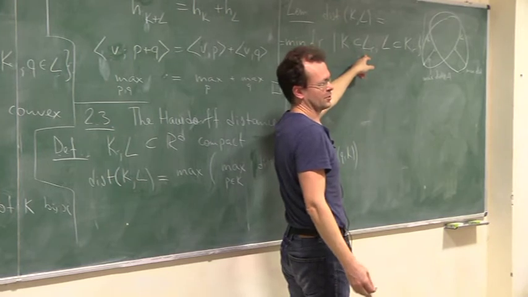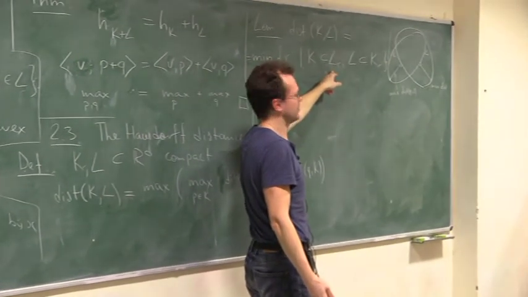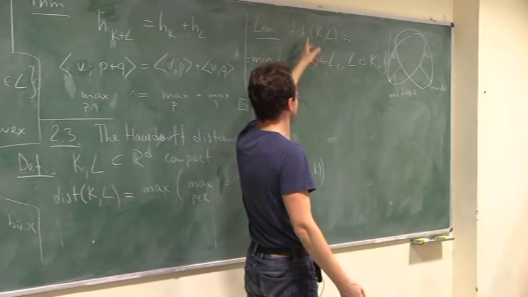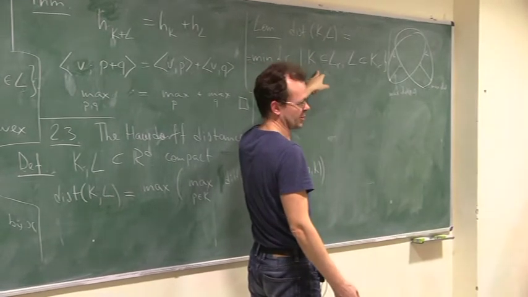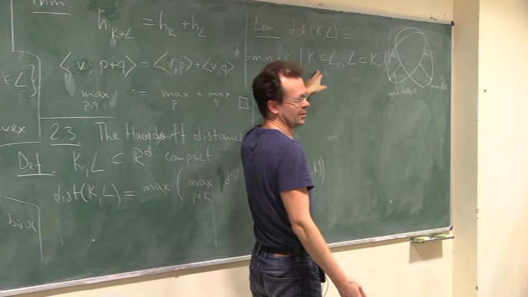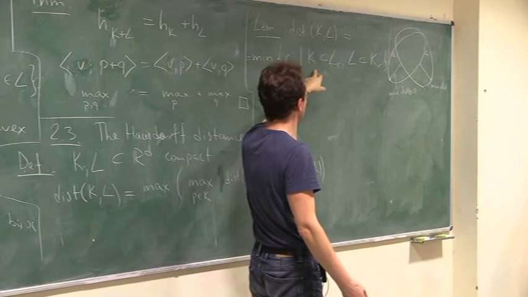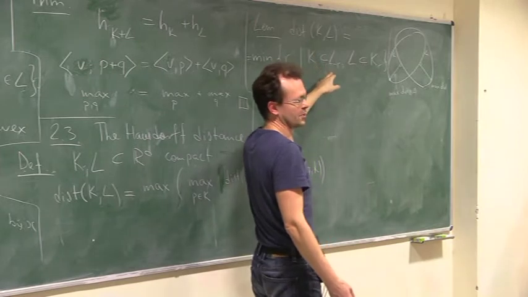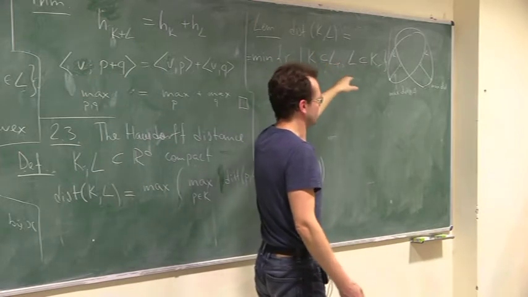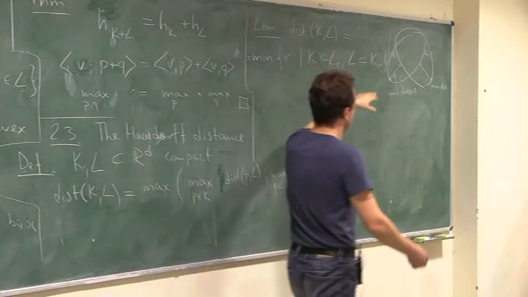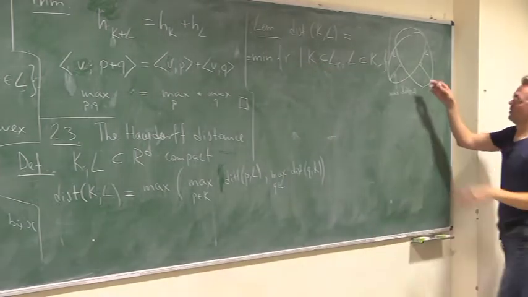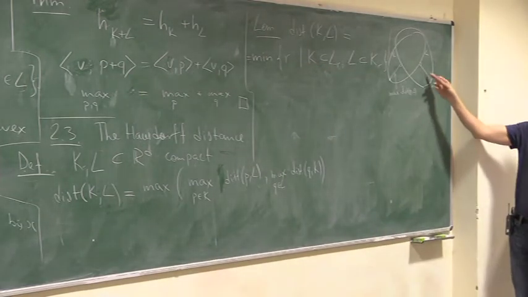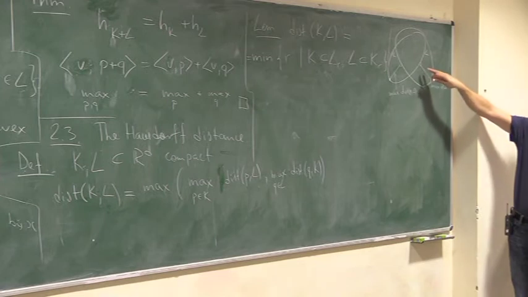So this lemma actually follows from all the definitions, because we know what the R neighborhood is. These are all points that have distance at most R. So the Hausdorff distance between K and L is really exactly that. For the distance to be at most R, you need that K is contained inside the R neighborhood of L, and L must be contained inside the R neighborhood of K. So on this picture, this length is the Hausdorff distance.